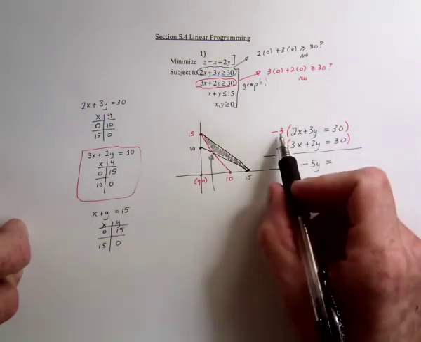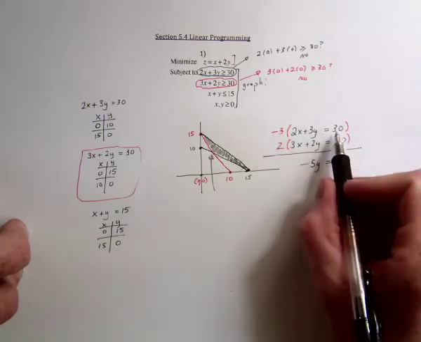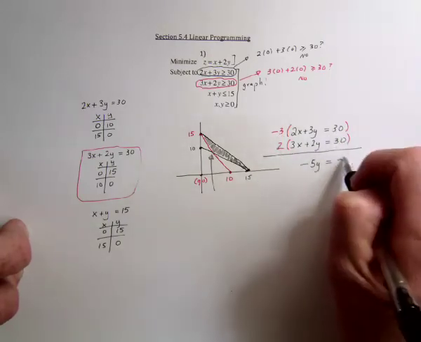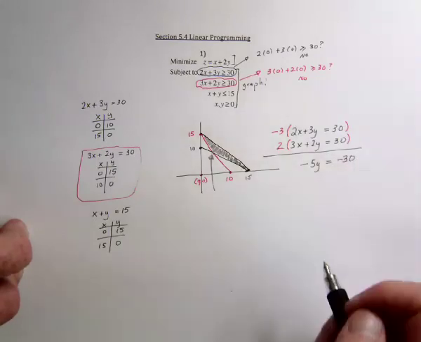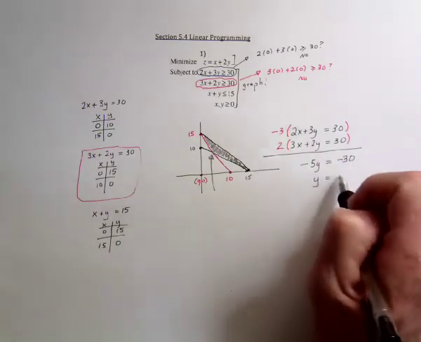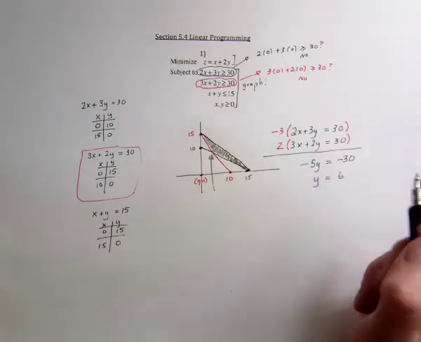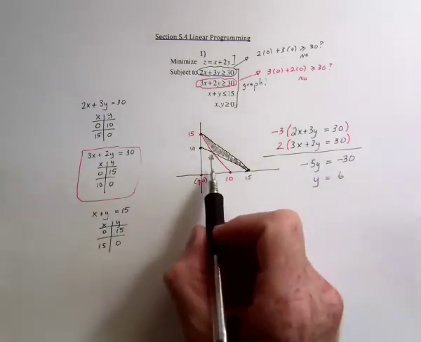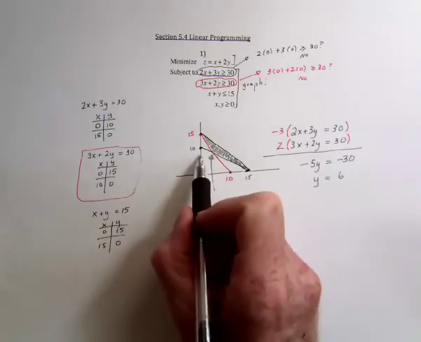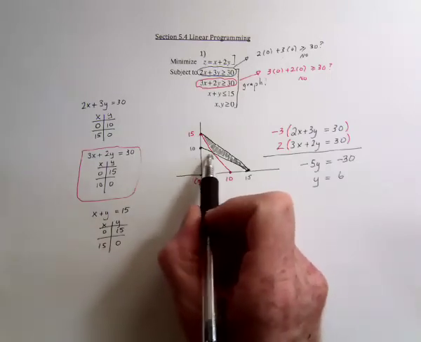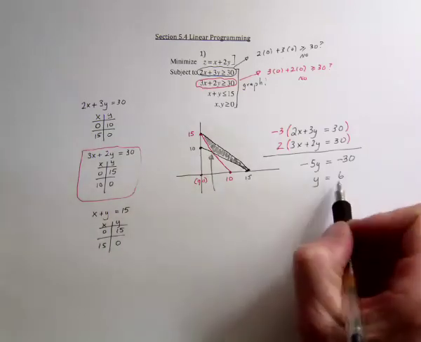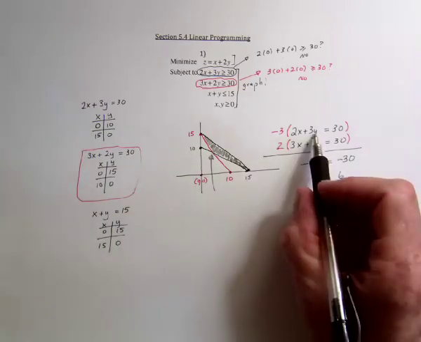And for the constant, it's going to be negative 90, and positive 60 is negative 30. And then divide to get that y is equal to 6. And then take a look at the picture and see if that makes sense, that the y value is 6. So right about here would be a 6, which is definitely possible. Okay, good.